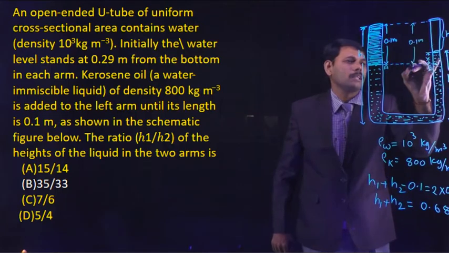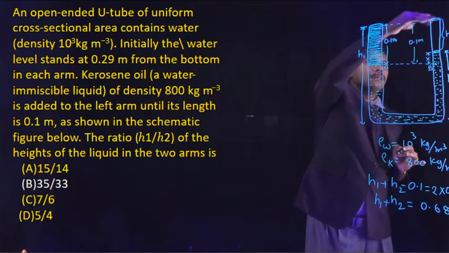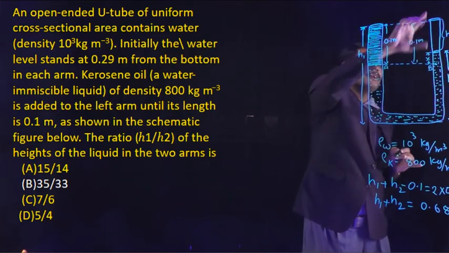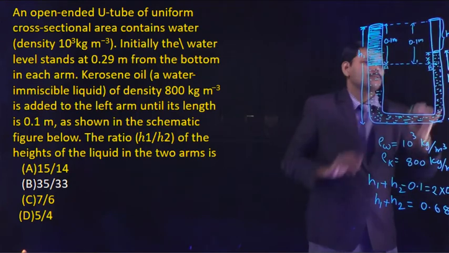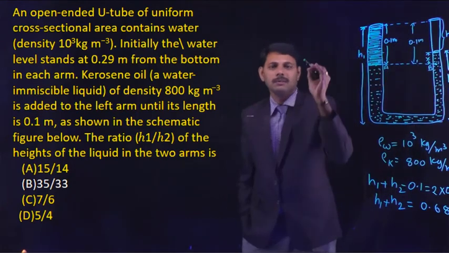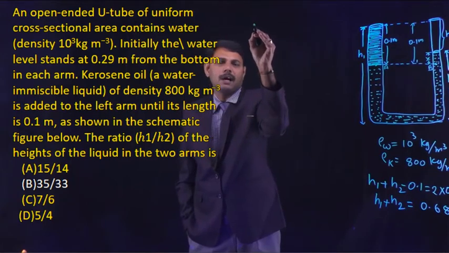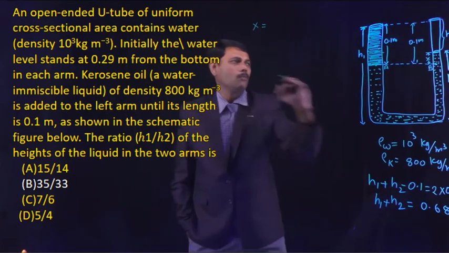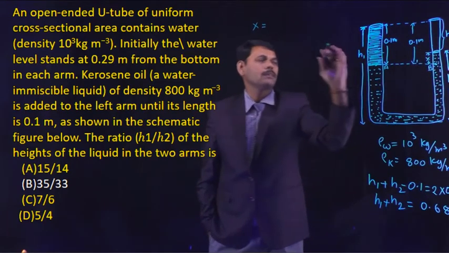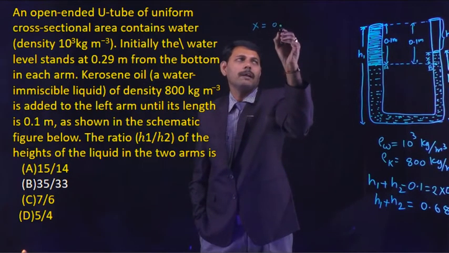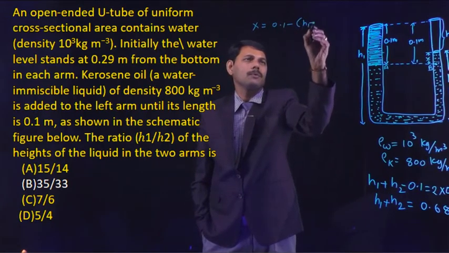The total height above A or above B is 0.1, and this part is H1 minus H2. Then X is the height of the water column above B. From this explanation, that is equal to 0.1 minus of H1 minus H2.